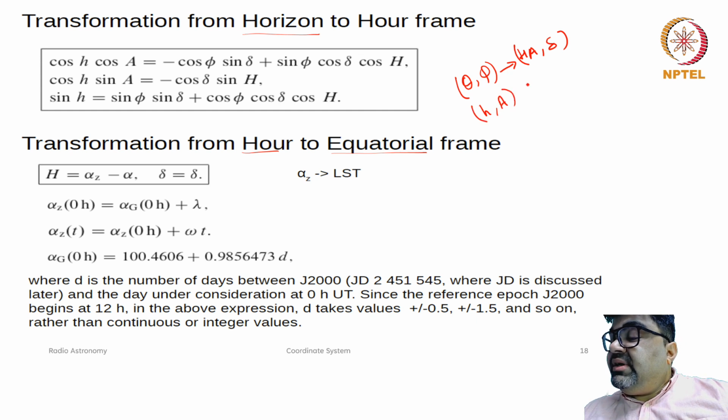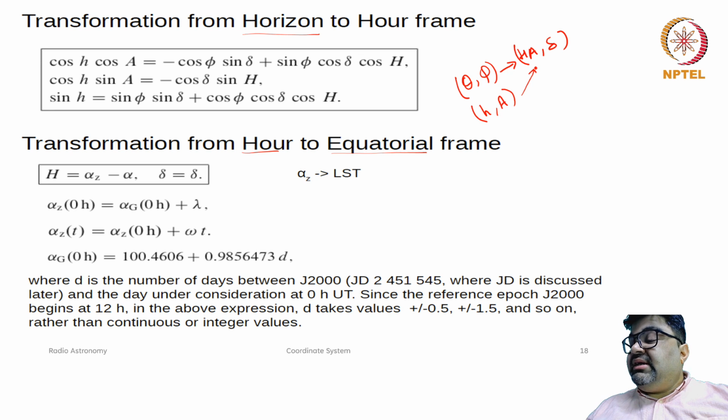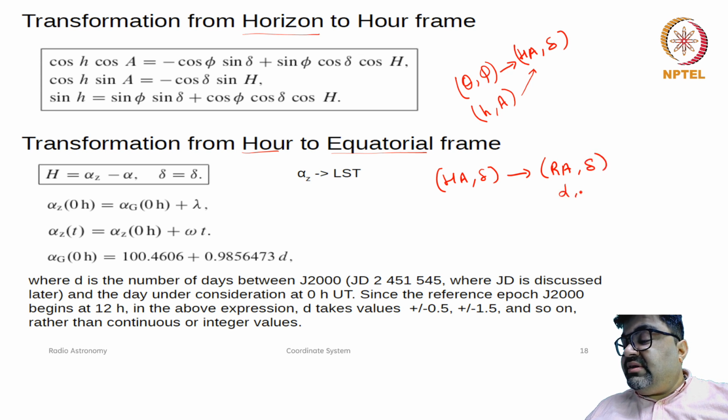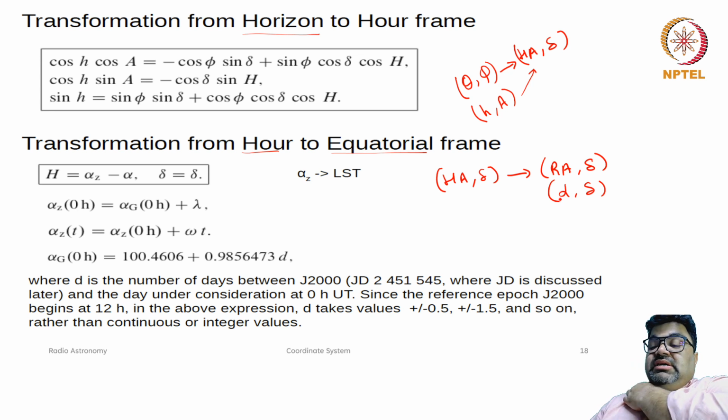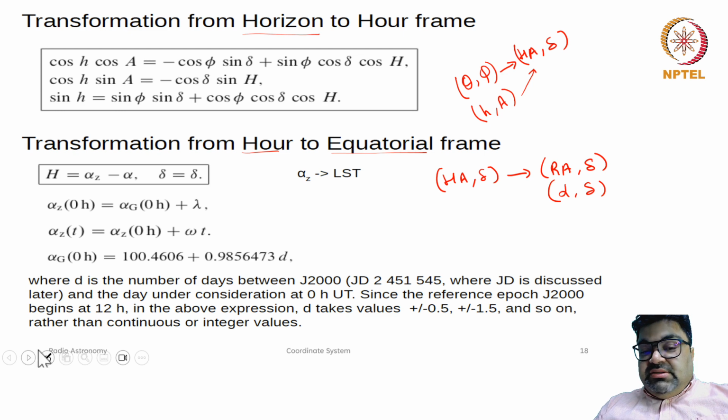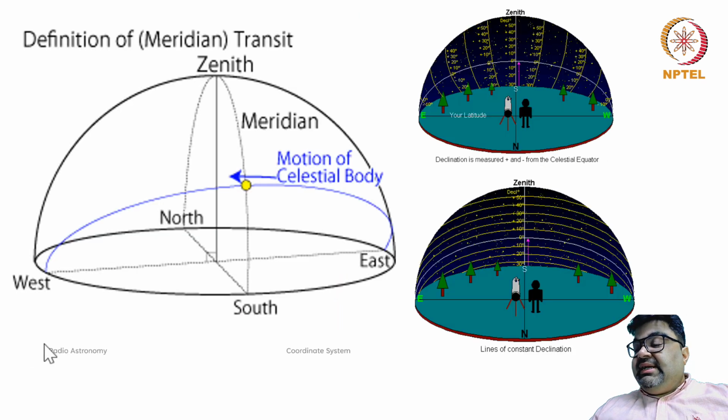This also is there, and from there to the hour angle and delta, and this one is going from hour angle and delta to RA and delta, or alpha and delta, however you define that. Okay, so you can go through this. These transformations are best remembered as they are. There is little to be explained, so we skip to the next slide.